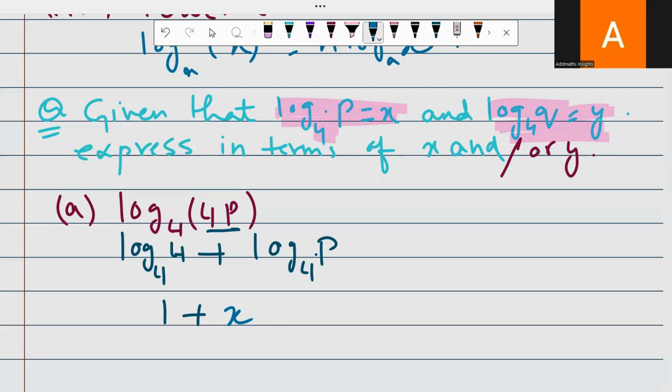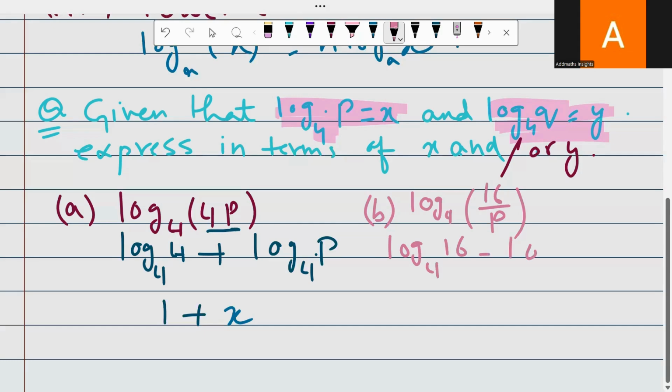Now we do one more part. Part B is log 4 of 16 over p, and you have to express this in terms of x and or y. Here we apply the division law, so you write log 4 16 minus log 4 p.